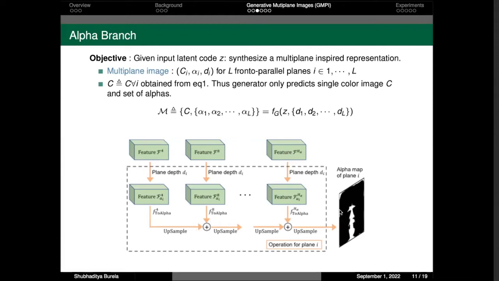As you can see through this, there is a feature, then the feature for each alpha_i, and this is convolved and then upsampled and accumulated in order to construct an alpha map for a plane i.